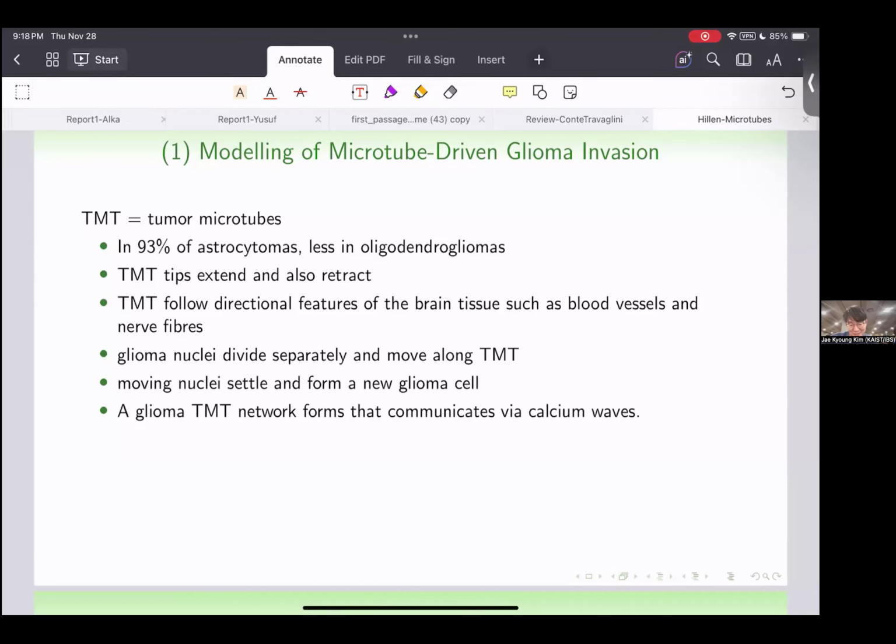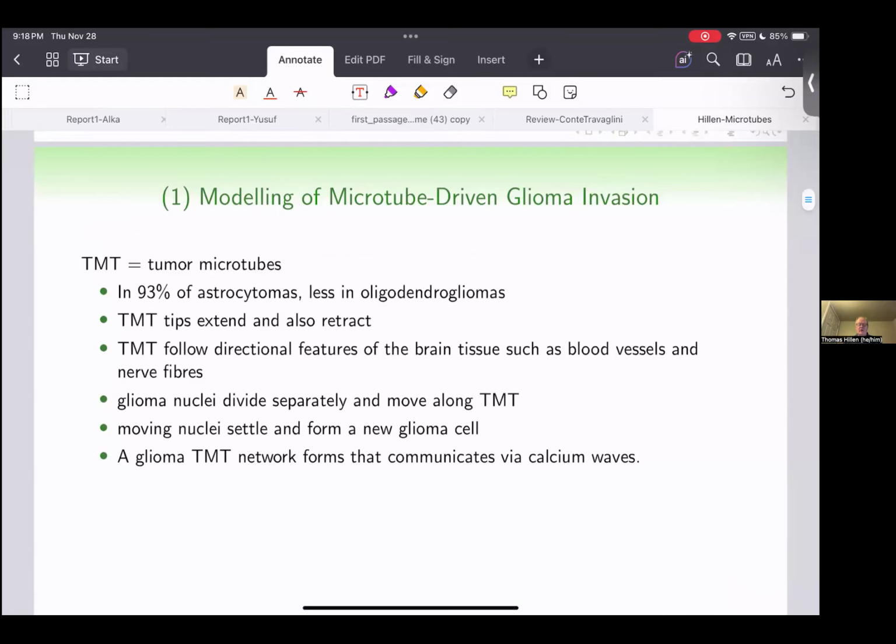So I want to model this process, which I've just shown you in the videos. Here are a few facts. 93% of astrocytomas have these tumor microtubes, which is essentially all of them. The tips extend and also retract. We saw this.